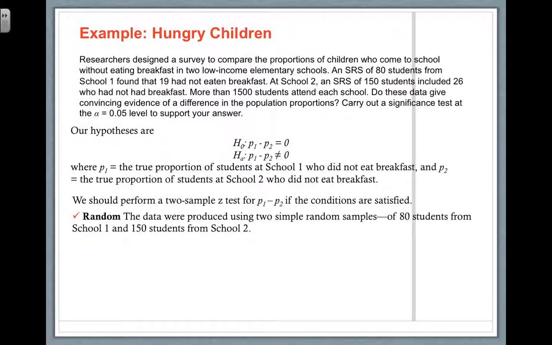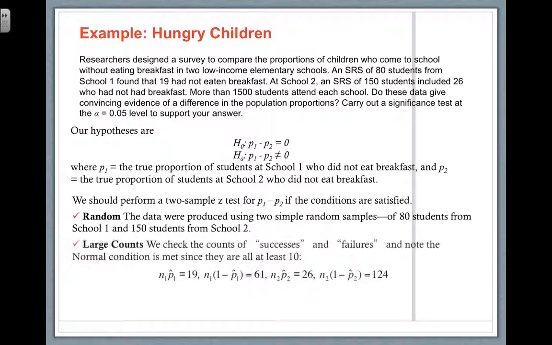First thing I should do is check my conditions. It was a random sample from both schools. My large counts condition is met. For school 1, there were 19 successes, 61 failures. For school 2, 26 successes, 124 failures. So all of them are at least 10.